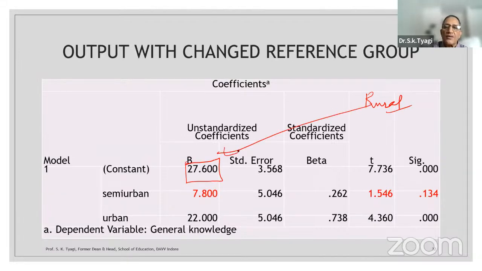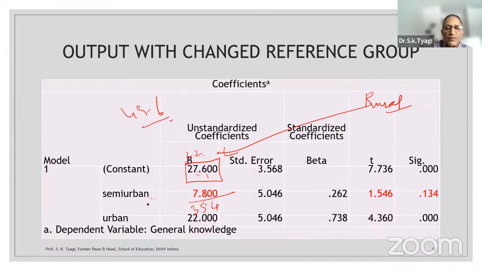Now this is 7.8, the regression coefficient, and it is plus. Therefore, a semi-urban student is expected to have 7.8 more marks than this. If you add this, 35.4 will be the mean score of semi-urban. And an urban student is expected to have 22 scores more. So add this to 27.6, and we have 49.6.